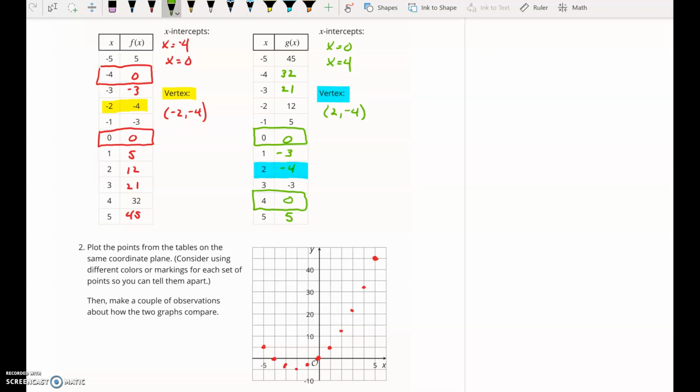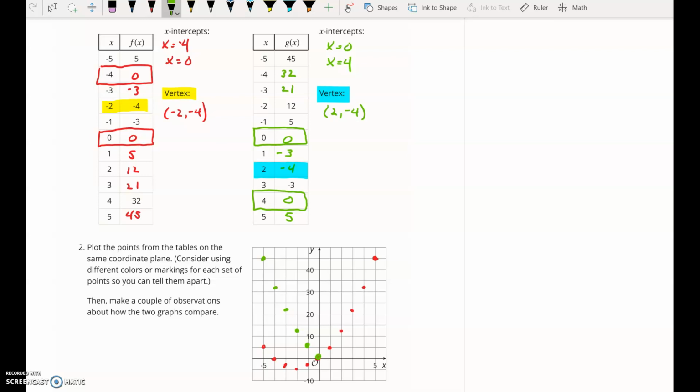Let's now plot the green points. I have -5, 45, -4, 32, -3, 21, -2, 12, -1, 5, 0, 0.